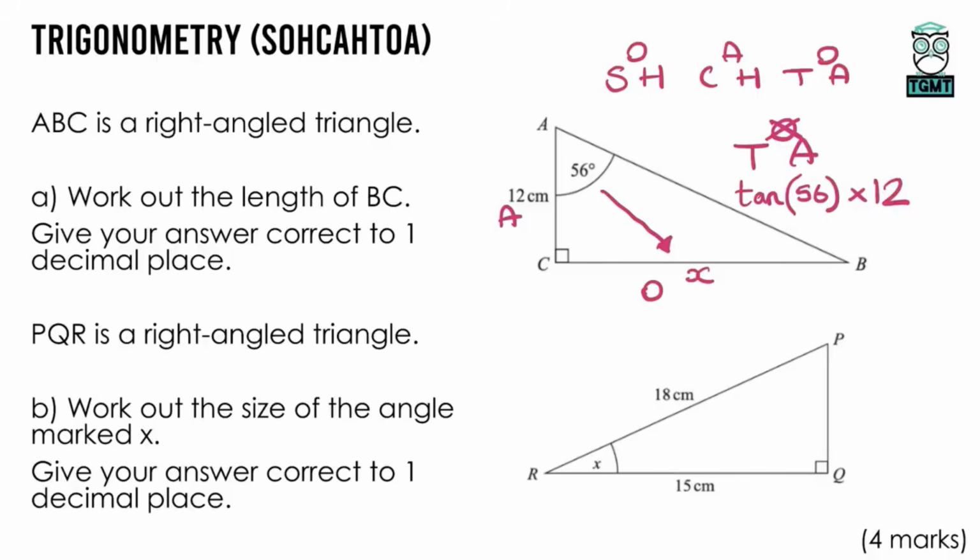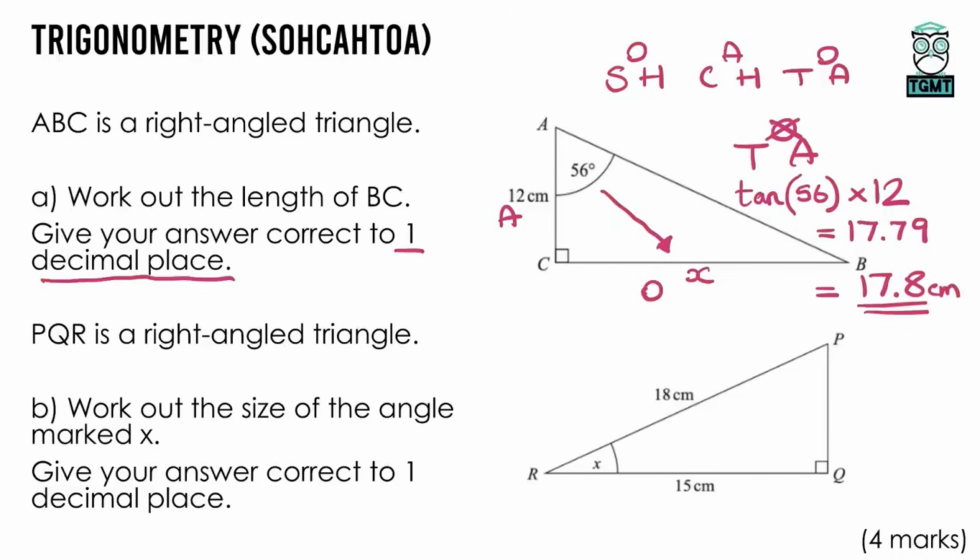So tan 56, not forgetting to close the bracket, multiplied by 12, and that is equal to 17.79. Now there are more decimals, but it does say here to give your answer to one decimal place. So I'm going to round the answer from there, which is 17 point. After the 7 is a 9, so the 7 rounds up to an 8. So we have 17.8 centimetres as our final answer.